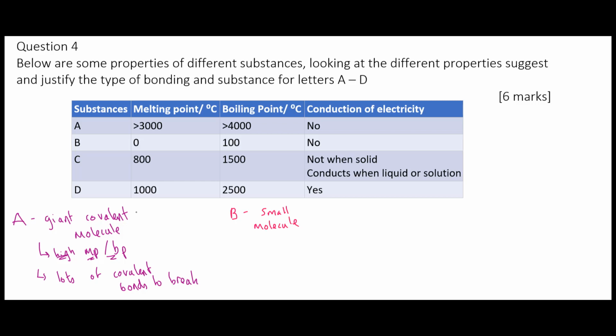And the reason we can predict it's a small covalent molecule is due to the fact it has quite a low melting point and boiling point. And it would have a low melting and boiling point due to the fact it has weak intermolecular forces.